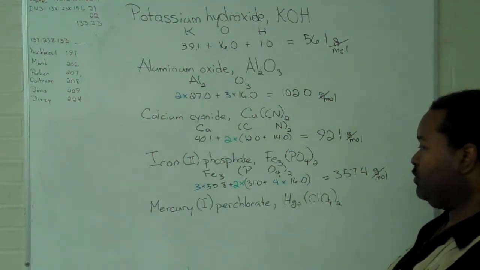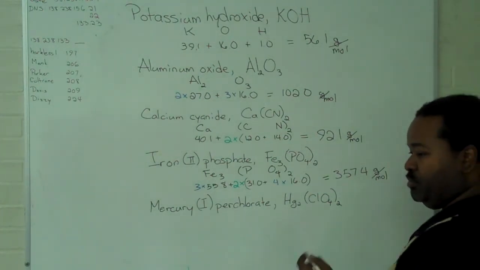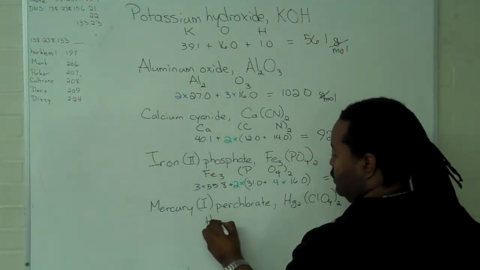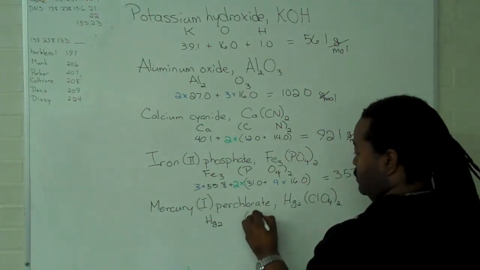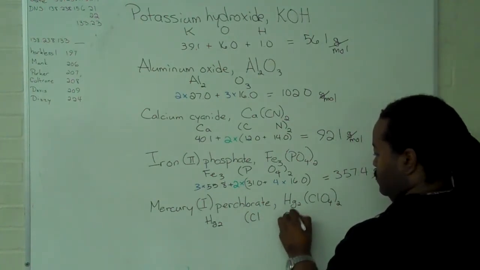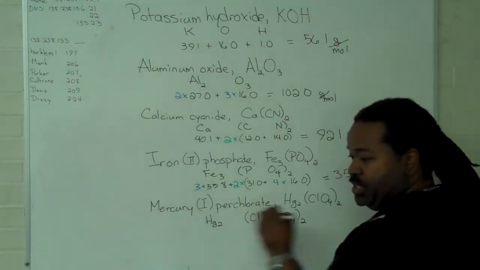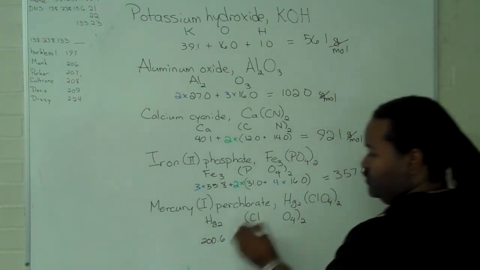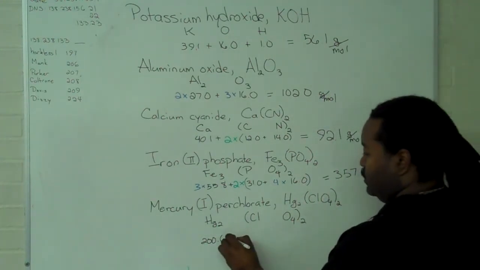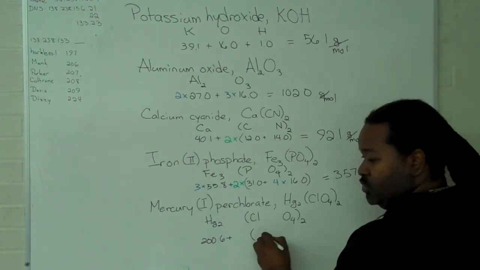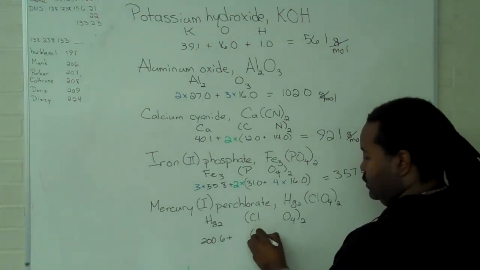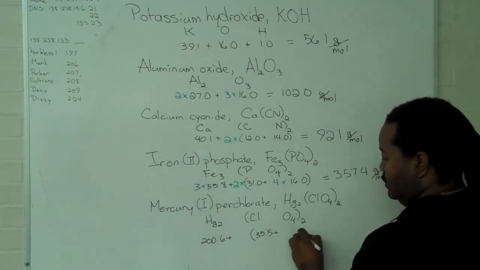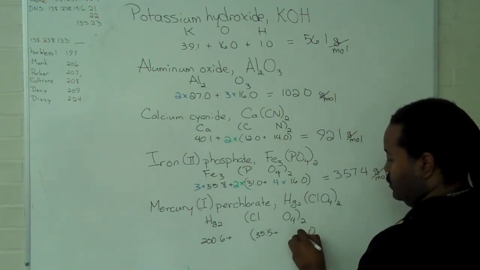So the final one, mercury 1 perchlorate. Mercury 1 is a polyatomic ion itself. And from the periodic chart we have 200.6 for each individual mercury. For chlorine, 35.5, and oxygen, again, 16.0.